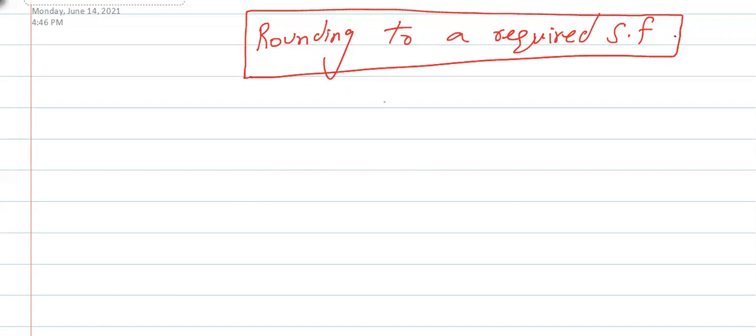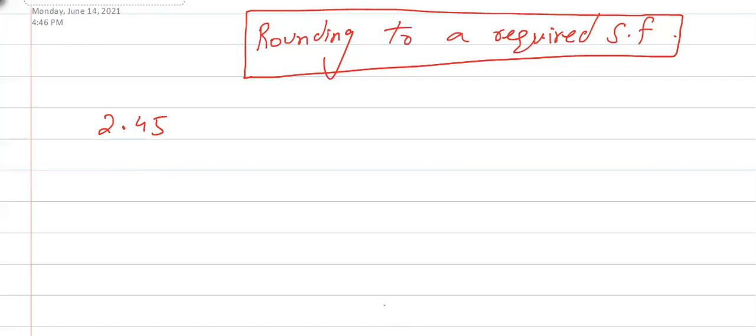Before understanding how to round to a required significant figure, once again make sure decimal places are something else. Significant figures are something else. For example, let me say I'm writing 2.45. Now how many decimal places are in this one? Anyone can tell?